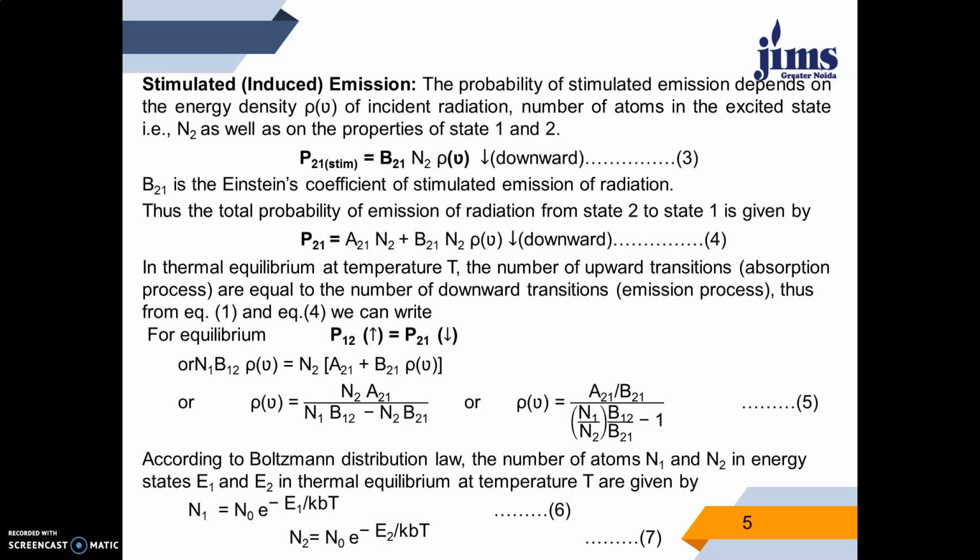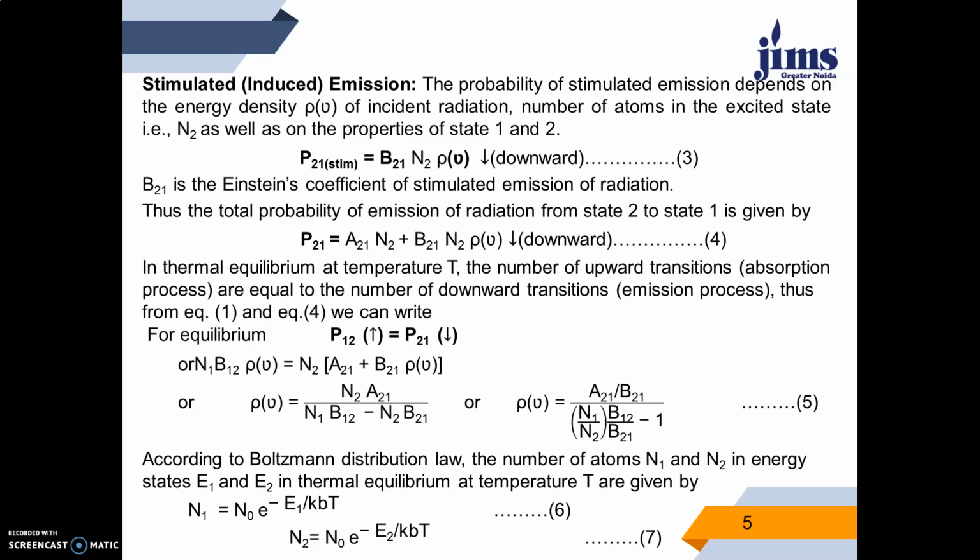So from equation number 1, you know that P12 is equal to N1 B12 rho nu, which is equal to P21, from equation number 4, where N2 is common. So we have taken N2 out of the bracket: A21 plus B21 rho nu.